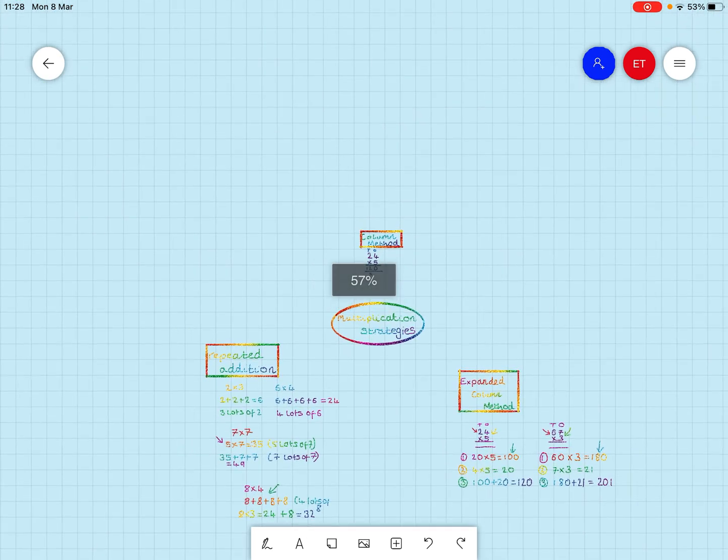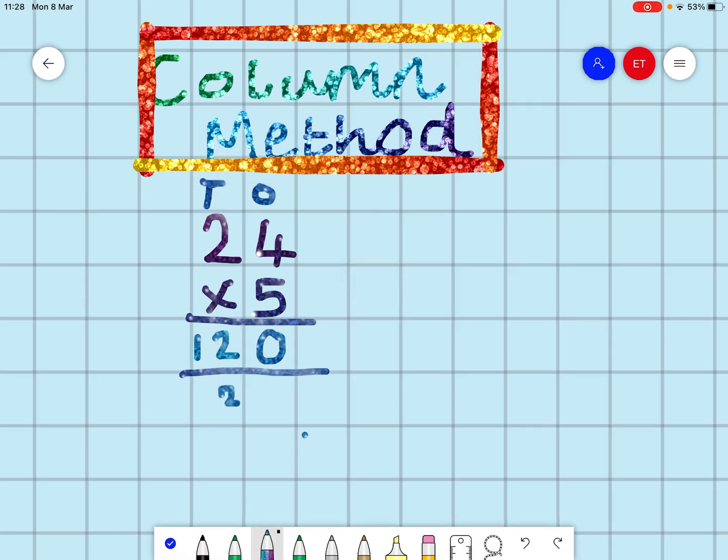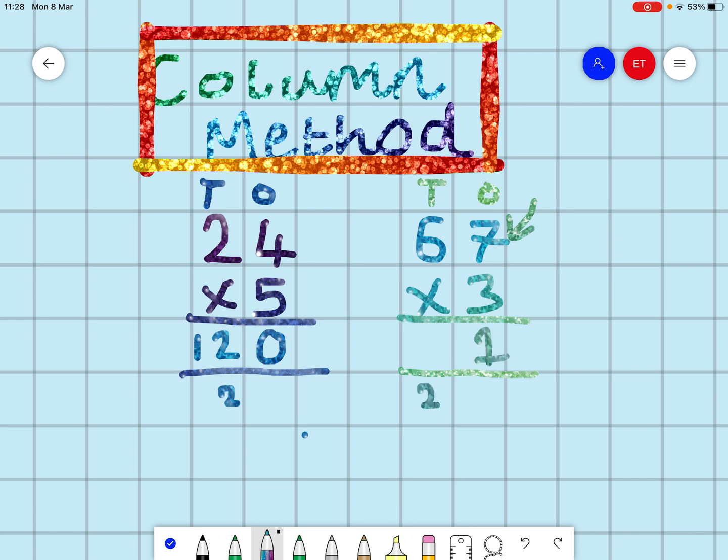67 times 3. So first thing we need to do is multiply our 1s. So 7 times 3 is 21. So put our 1 in the ones column, carry over our 20 into the tens column.